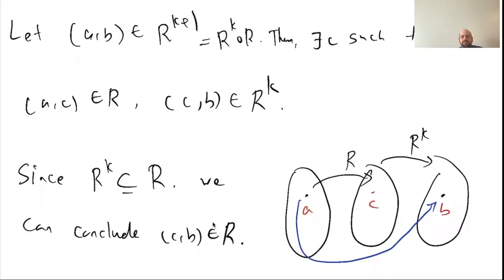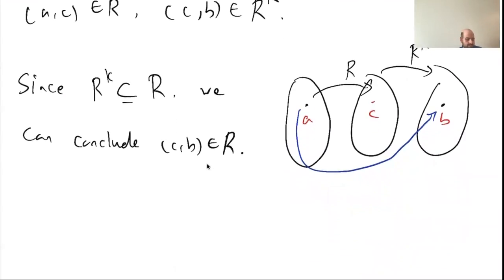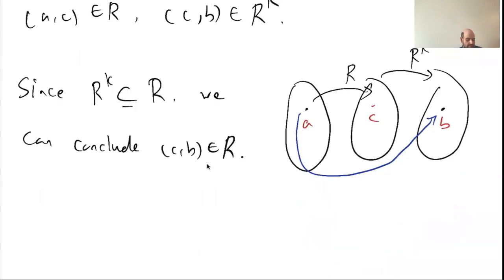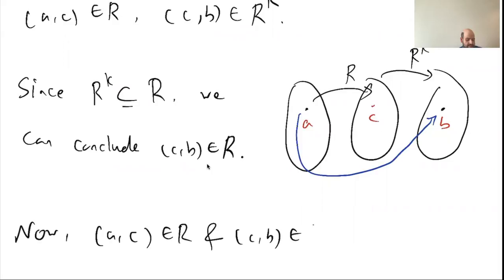Again, the meaning of subset, right? If R_K is a subset of R, it means every element in R_K must be in R as well. So (C, B) must be in R. Now, (A, C) is in R, and (C, B) is in R as well.